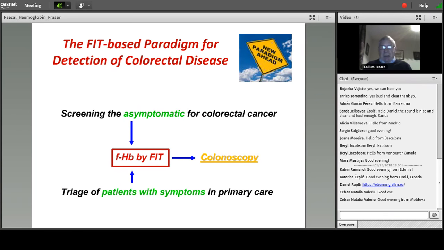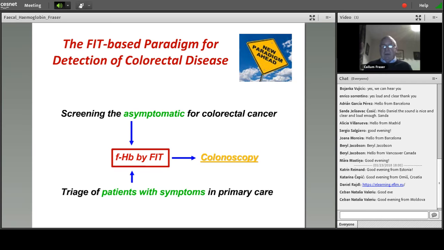So today I'm going to discuss the relatively new FIT-based paradigm for the detection of colorectal disease, where not only do we use fecal immunochemical tests for hemoglobin, FIT, in screening asymptomatic populations for colorectal cancer, but we also use fecal hemoglobin concentrations as obtained by FIT in triage of patients who present with lower gastrointestinal symptoms in primary care.